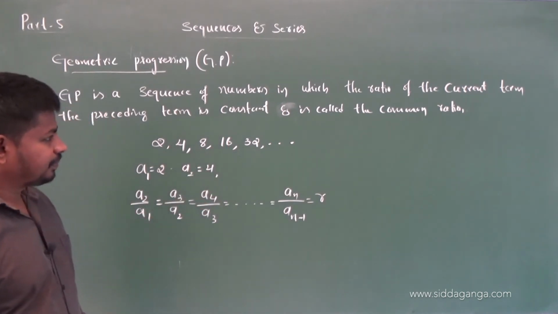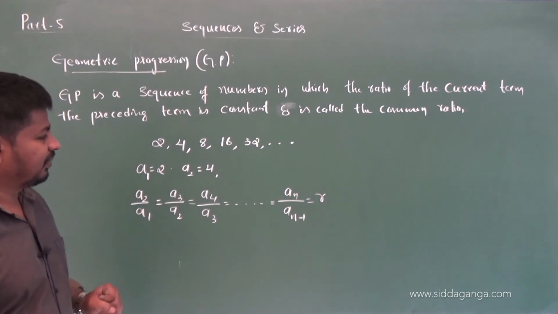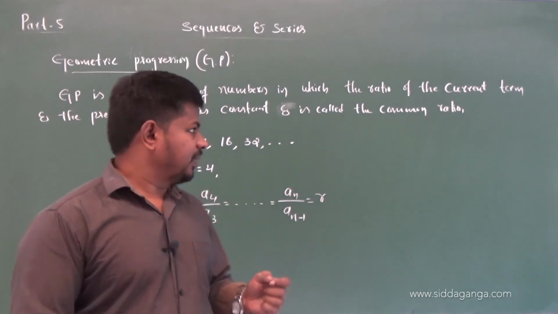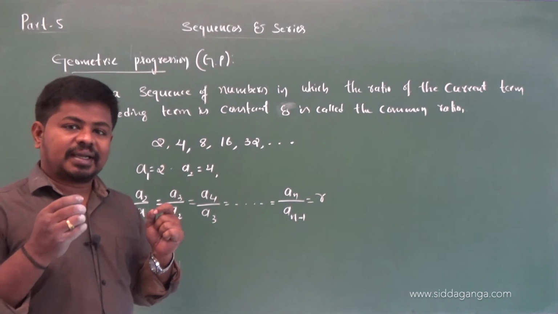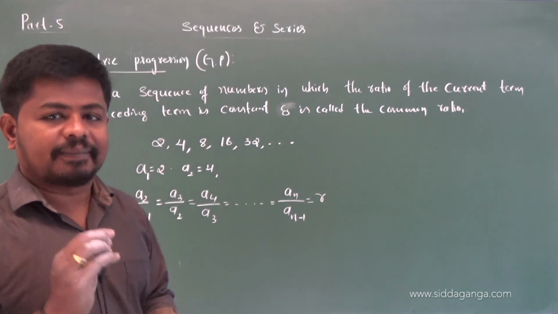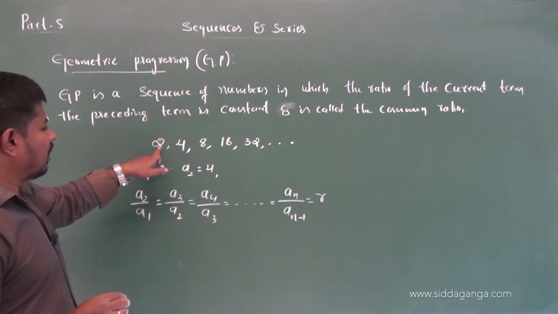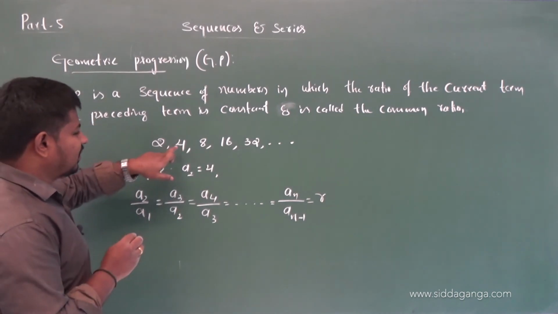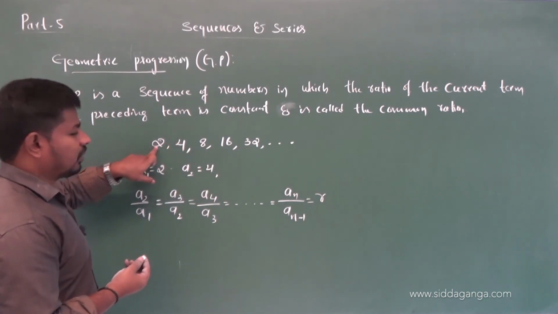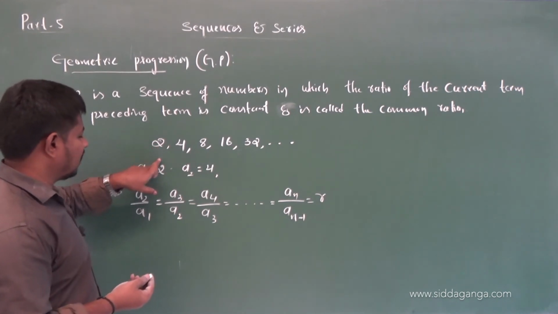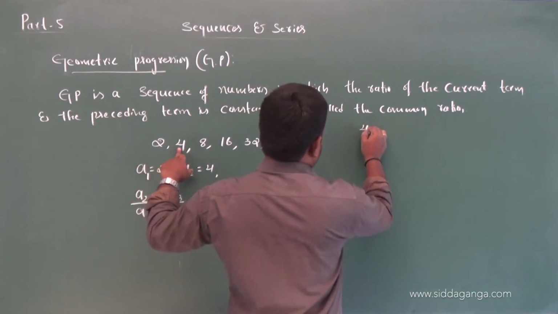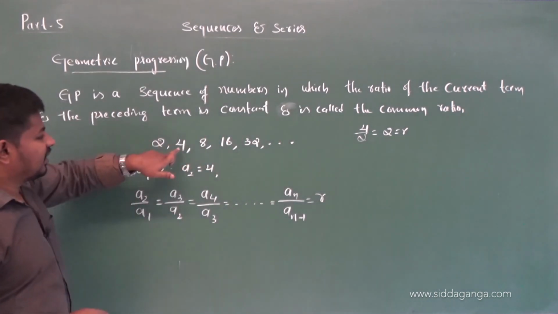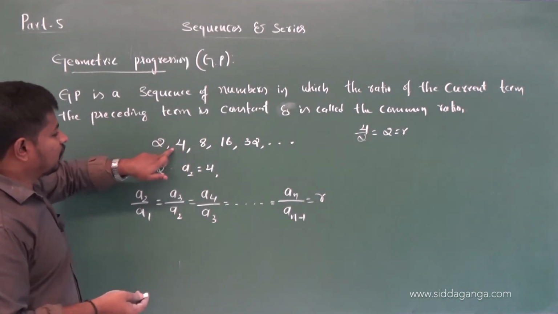And one thing you observe: in a GP sequence, the succeeding term can be got by multiplying the current term by R. So what is R in this case? 4 by 2 or 8 by 4, that is R. To get the second term 4, you multiply 2 with 2.